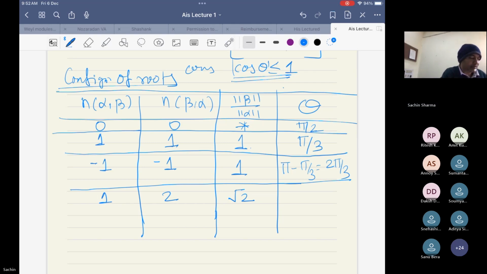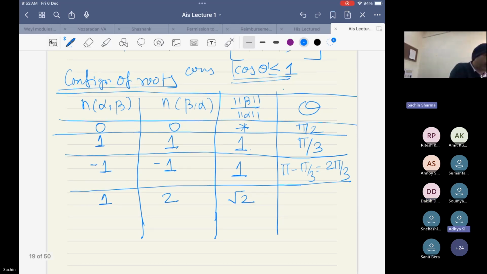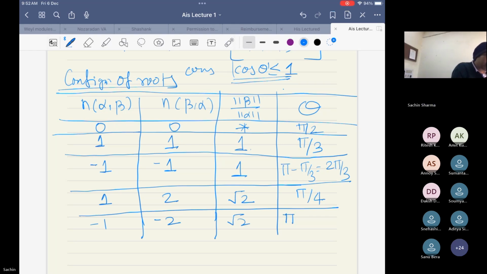Pi by 4. Now take the negatives. What will it be here? 3 pi by 4.